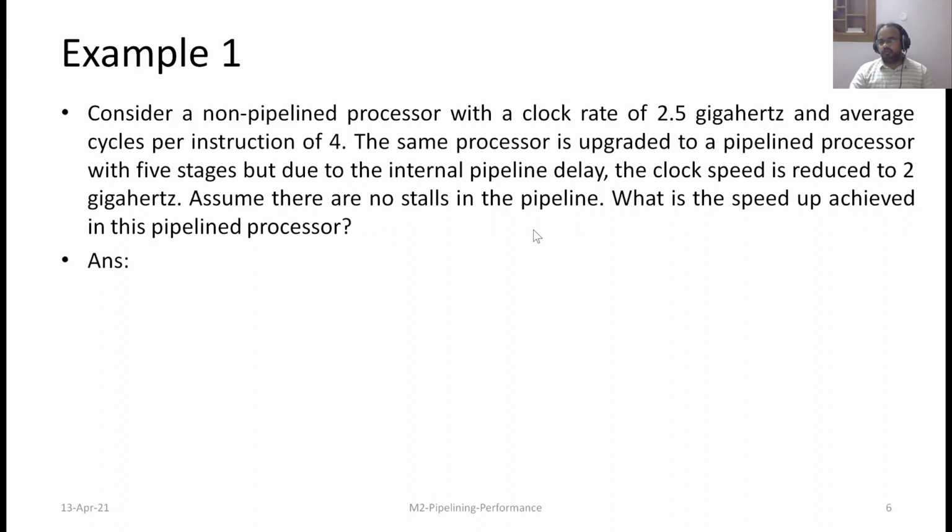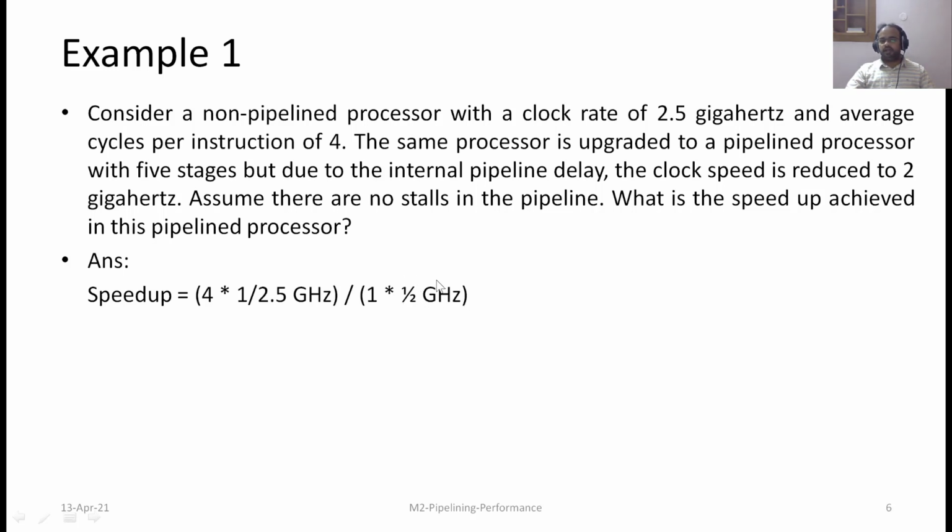So we use the basic performance equations here, and we would get the speedup, which is the CPI of the non-pipelined processor, which is 4, times the clock time, which is 1 upon 2.5 gigahertz, upon the CPI of the pipelined implementation, which is 1 because there are no stalls, times 1 upon 2 gigahertz.